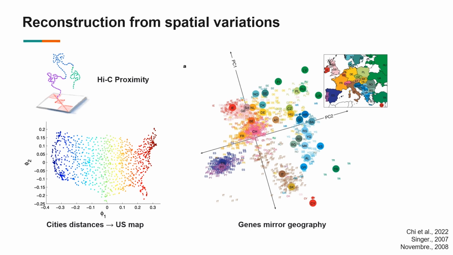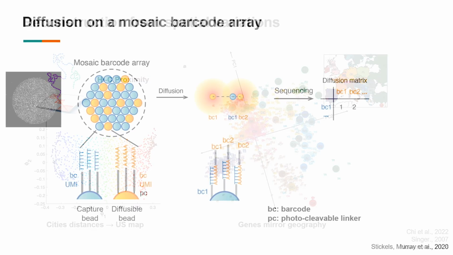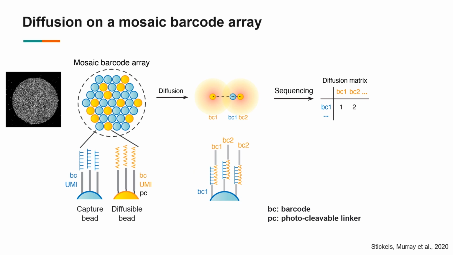Here, each data point is an individual's genotype. And by projecting them to a two principal component embedding, people find that the geographical map of Europe arises. So all these examples suggest that spatial locations can actually be reconstructed from spatially related variables. This motivates us to develop our imaging-free spatial transcriptomics method.